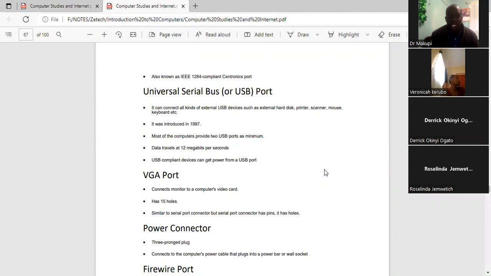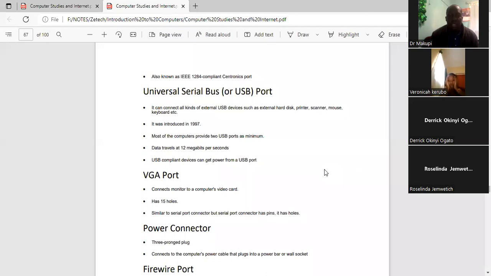There is also a VGA port, which connects monitors to a computer's video card. It has 15 holes. This VGA connector is similar to a serial port connector, but the serial port has pins.